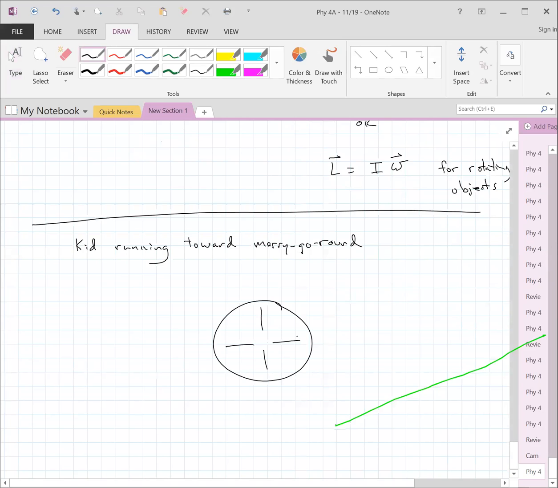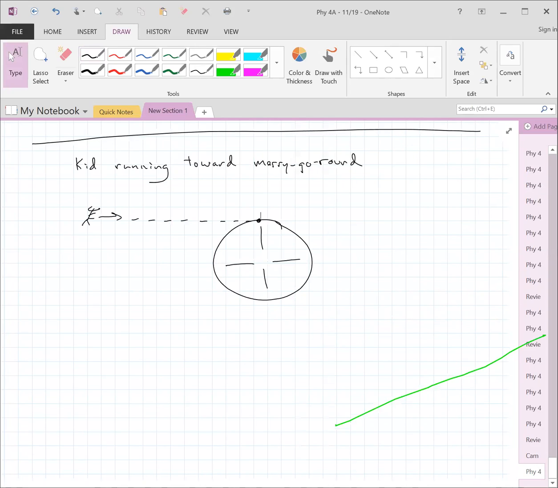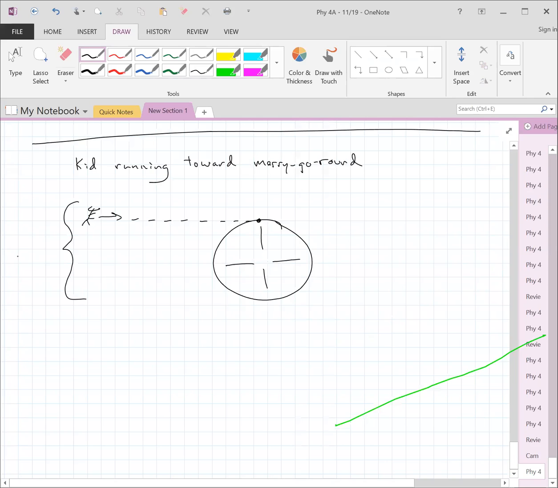Maybe those big metal discs you see at the playground at the park, that can rotate about its center point. And the kid is running along here. The kid runs along and jumps onto the merry-go-round. This is our initial state.